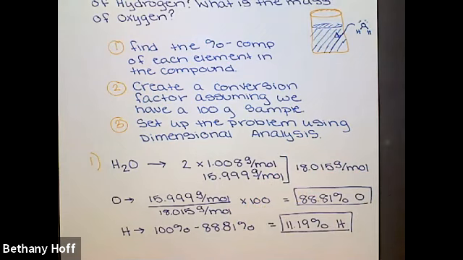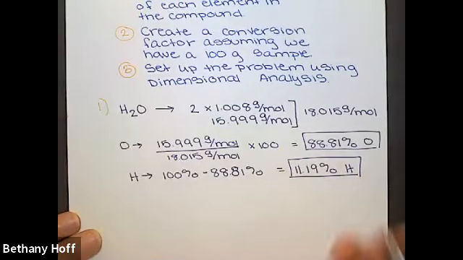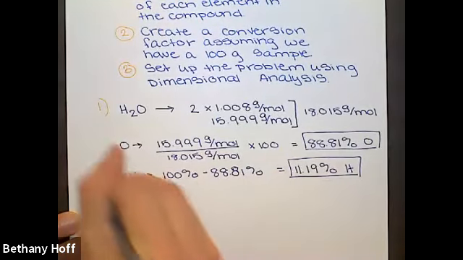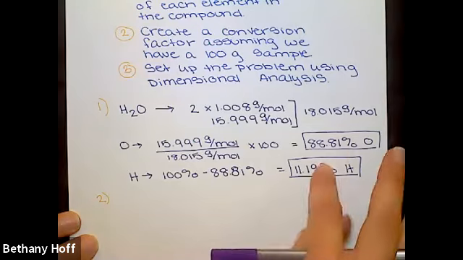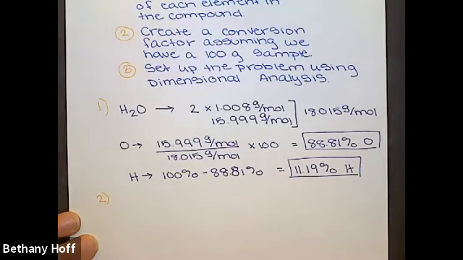Okay, let's look at step number 2. Step number 2 says that we're going to assume a 100-gram sample. What that means is that, based off of these values, you assume you have 100 grams of water.